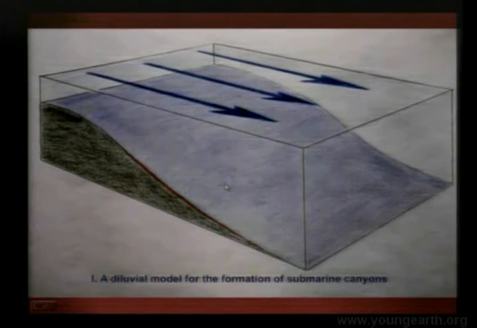These are perpendicular gashes in the continental slope, perpendicular to the slope. And they're deep. The average depth is 3,000 feet, and the average length is 50 miles. Many of these submarine canyons are deeper than Grand Canyon. And at least one of them, the Bering Submarine Canyon, is longer than Grand Canyon. So submarine canyons are Grand Canyons that you don't see because they're covered by water.